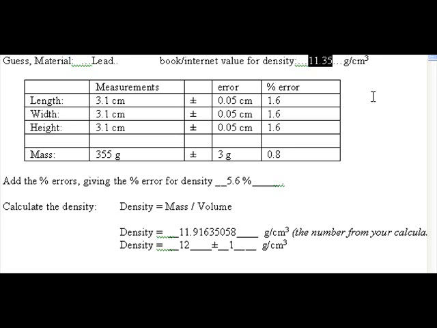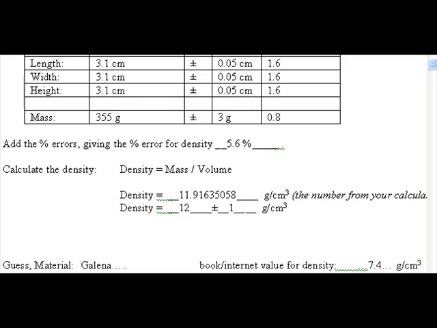But my error is relatively large, 5.6%, respectively plus minus 1, so the book value actually falls within my measurement plus minus the error. So somewhere between 12 plus minus 1. That error range actually allows me to say that my measurement is pretty good. I'm relatively close considering that I have a relatively large error of 5 or 6%.